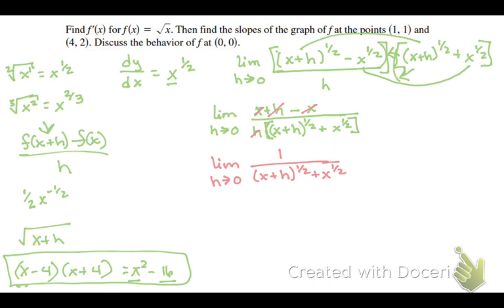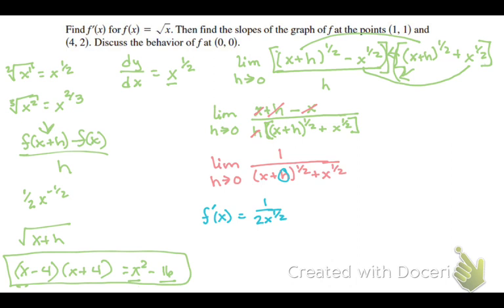So now I plug in what for h? I plug in, I got to do the limit. So this becomes 0. So I have x to the 1/2 plus x to the 1/2. So f prime, the derivative of f with respect to x, is 1 over 2x to the 1/2.